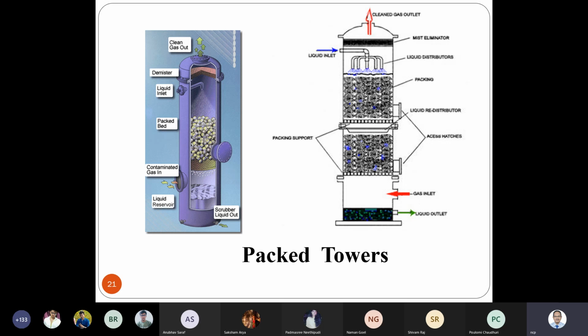So basically this is multiple sections, so that in each small section it is uniform, but as soon as the liquid comes towards the wall, you just collect it and then redistribute it centrally throughout the packing in the next section, right? So this kind of arrangement is also sometimes used for proper distribution of liquid throughout the packing material.